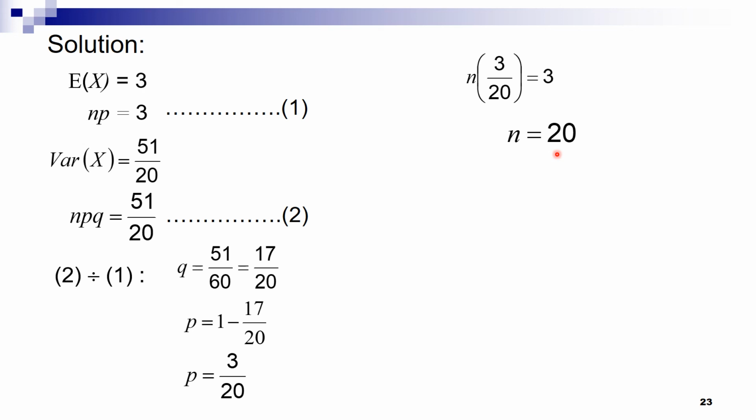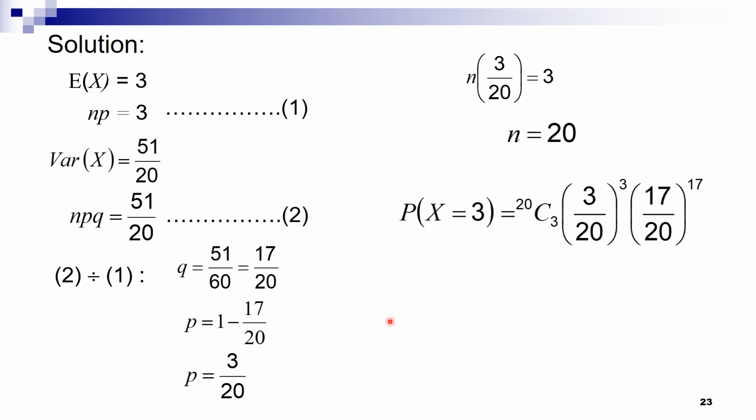Now you have found n as 20, p as 3/20, and q as 17/20. So you use these values to find the probability of x equal 3. Substituting all the values into the formula, you calculate and you have 0.2428. Okay, class, that is all for today. Thank you.